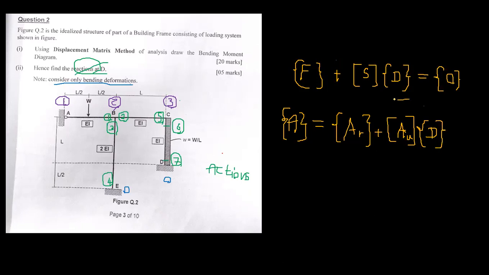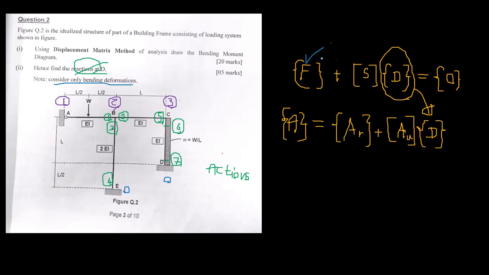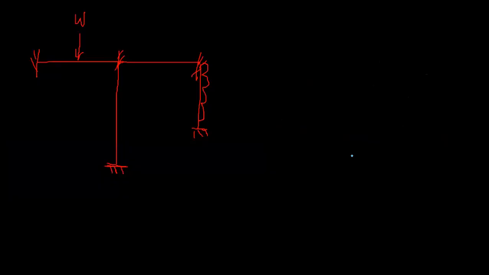Okay, so you need to find this one from here and substitute for here. So from the first step, the primary structure, we found this one and this one, right? Now we are okay, and we need to find these from the redundant steps, right? So we are going to do that now.